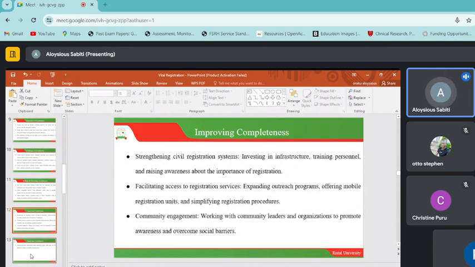And when we're discussing facilitating access to registration services, we are meaning expanding outreach programs, offering mobile registration units, and simplifying registration procedures. And in simplification of registration procedures, it also involves using innovative measures such as mobile phones or online registrations that make it a little easier for individuals to access these services.